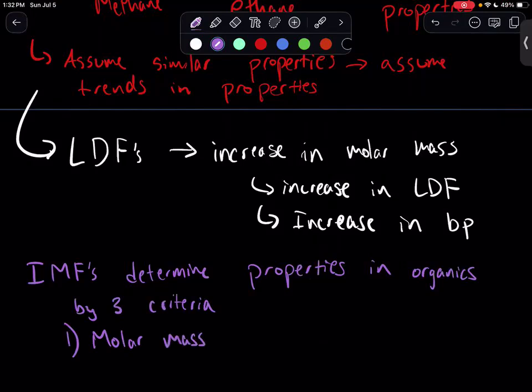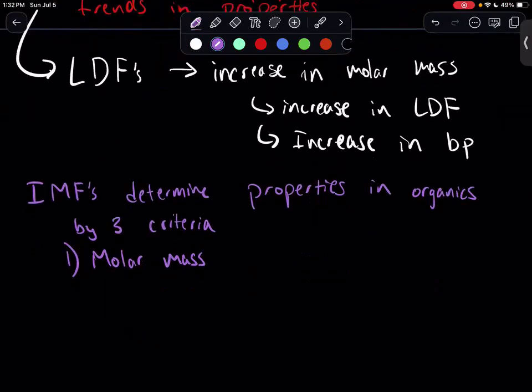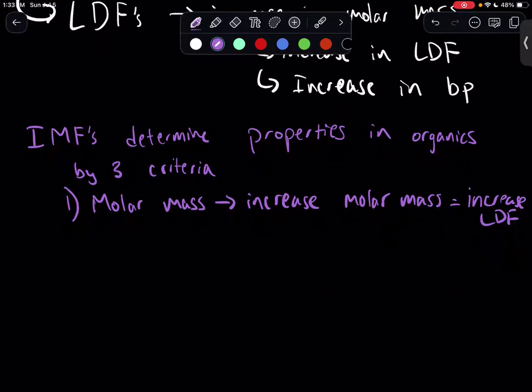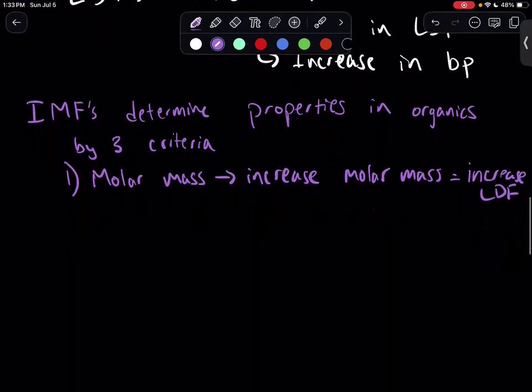With any homologous series, as we increase the molar mass, we increase LDFs. Now, this could be for any single organic compound. This could be anything in the homologous series of alkanes, alkenes, alkynes, alcohols, aldehydes, ketones, ethers, esters, whatever. The more molar mass, the more we're going to have those London dispersion forces.